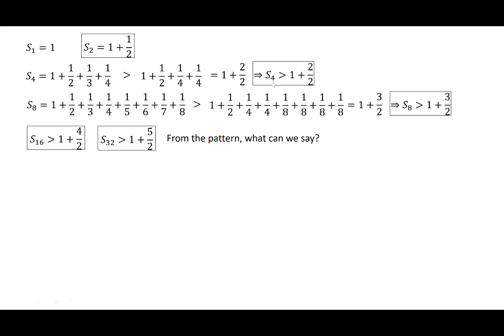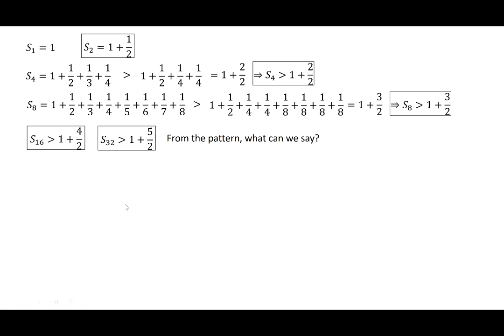4, let me put it this way. 4 is associated with 2, 8 with 3, 16 with 4, 32 with 5. Can you relate those numbers? Guess what? 2 squared is 4. 2 cubed is 8. 2 to the 4 is 16. 2 to the 5 is 32.